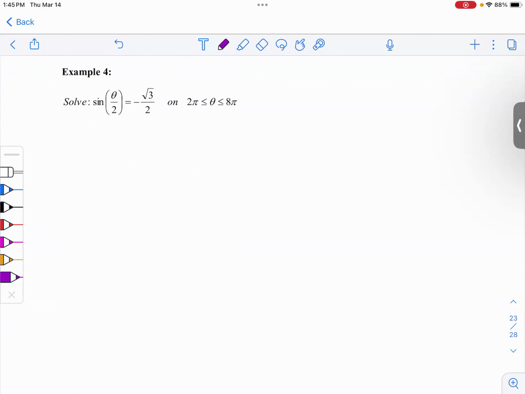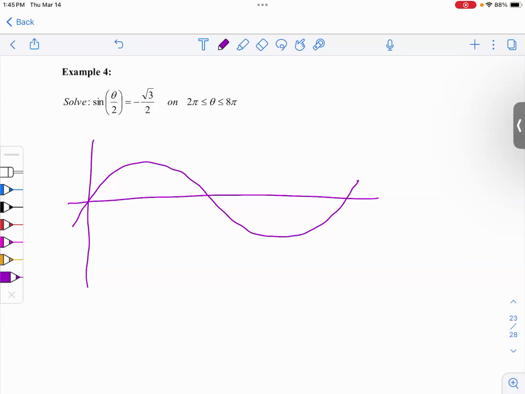And the good news is, at least we already did some of this. -√3/2, this is literally what we did above.